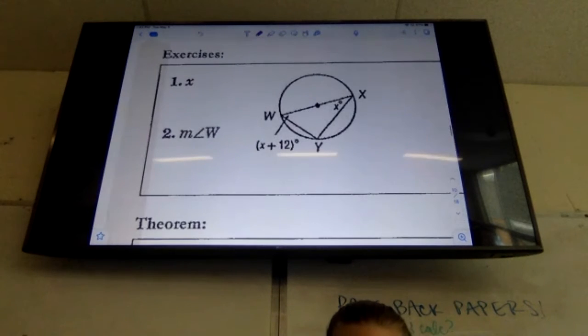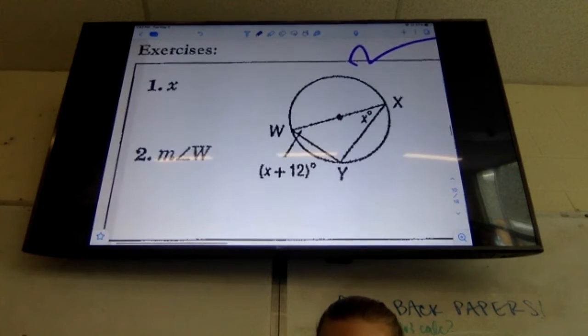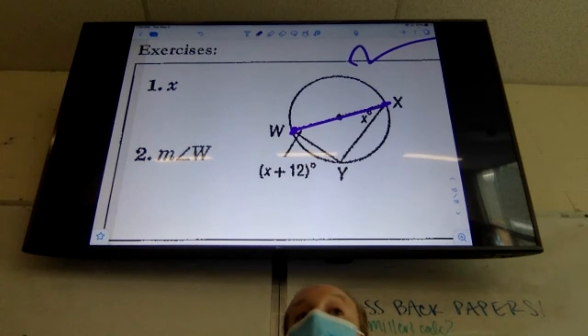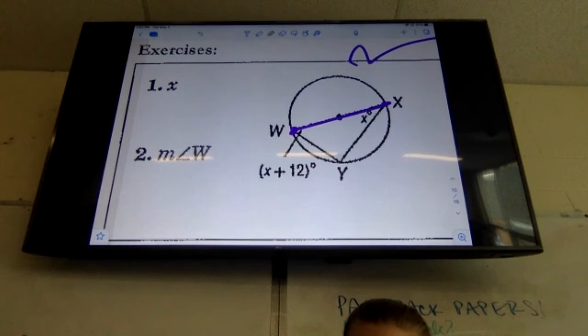Next problem. This picture goes with these two problems, and then these two problems go with that picture. So I have a triangle that is inscribed in the circle. What do you know about WX? It's the diameter. And if that's the diameter, what do you know about angle Y?